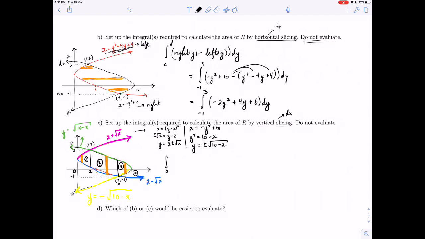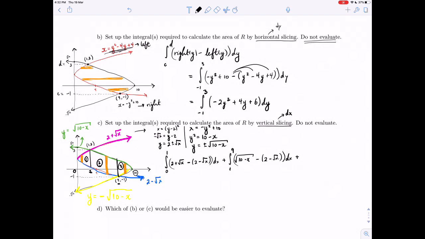So the region that I've labeled 1, so the region is from 0 to 1 of the top curve, which is 2 plus the square root of x, minus the bottom curve, which is 2 minus the square root of x, top minus bottom, dx, plus the second region's integral. So that's going to be the integral from 1 to 9. The top curve is now the curve in green, so that is the root of 10 minus x minus the blue, so minus 2 minus root x dx.